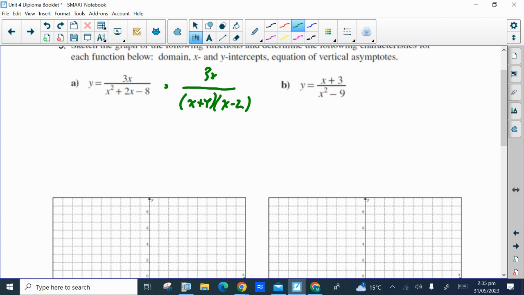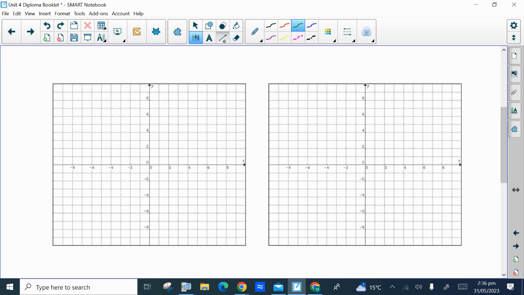And that tells us that x cannot equal negative 4 or positive 2 because you can't have a denominator of 0. So our vertical asymptotes will be at x equals negative 4 and x equals positive 2. So we can put those there. X equals negative 4 and positive 2.